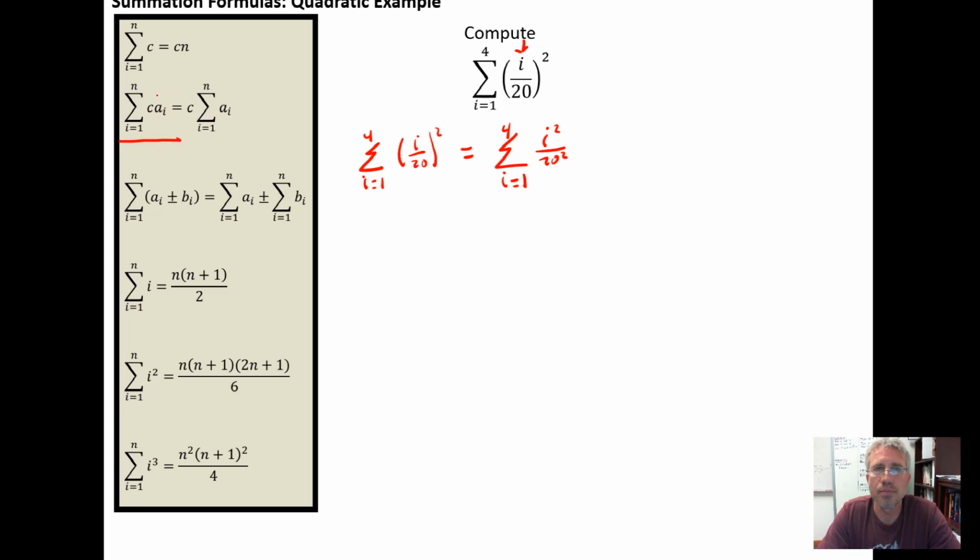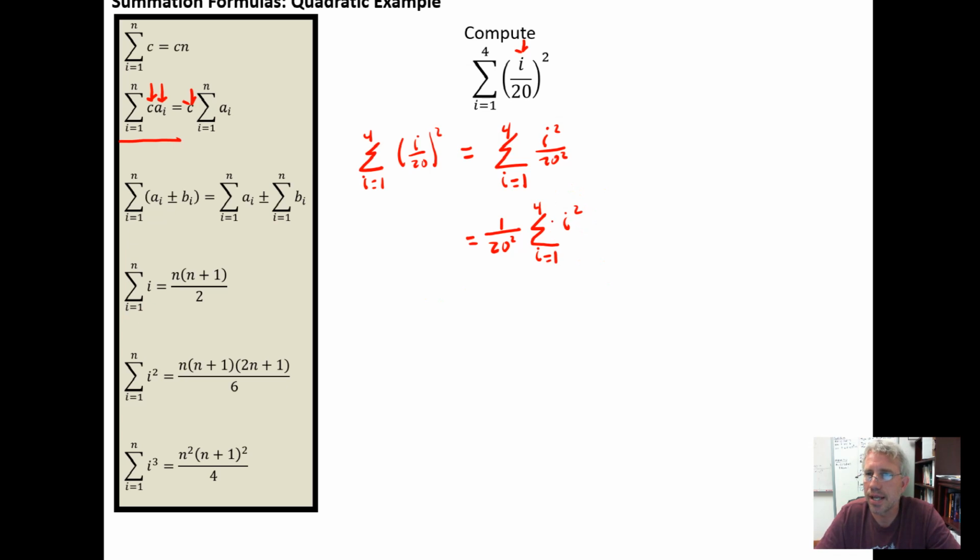And by summation formula number 2 here, if I have a constant times an indexed variable, the constant can be factored out in front of the summation. So I want to take that 1 over 20 squared and factor it out in front of the summation. So this will be the sum from i equals 1 to 4 of just i squared now.